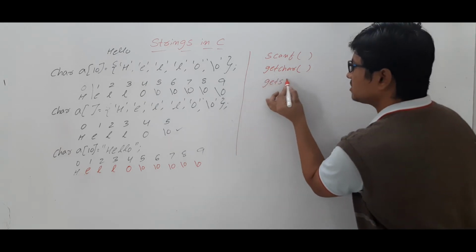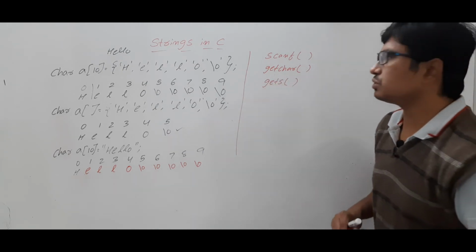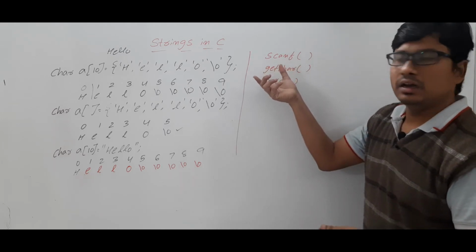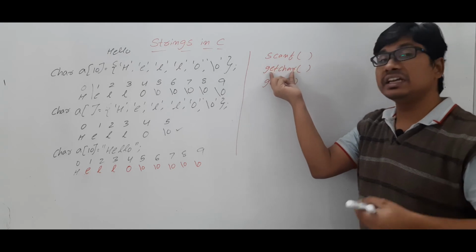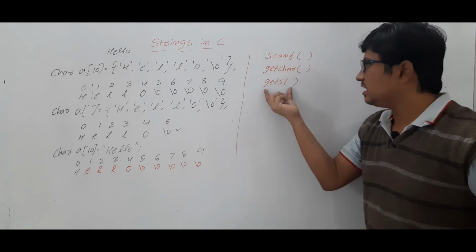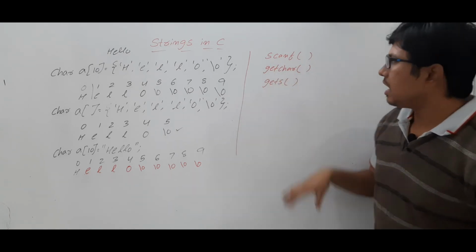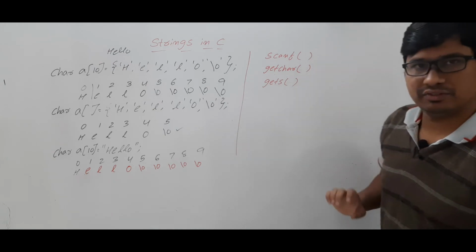These are the three functions that will be useful for us to read the string. Here it will read it as a string. Here it will read as a collection of characters. This one will read it as a string. I will tell the drawbacks of the scanf later.